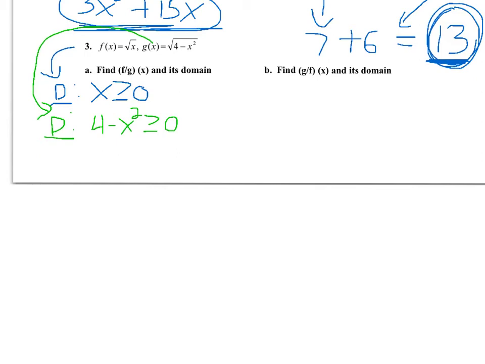If we add x squared to both sides, we have 4 is greater than or equal to x squared. I'm just going to switch it around so I have x squared first, so x squared is less than or equal to 4. Okay, if we take the square root, we get x, and then square root of 4, since we're doing it to both sides, remember it's plus or minus 2.